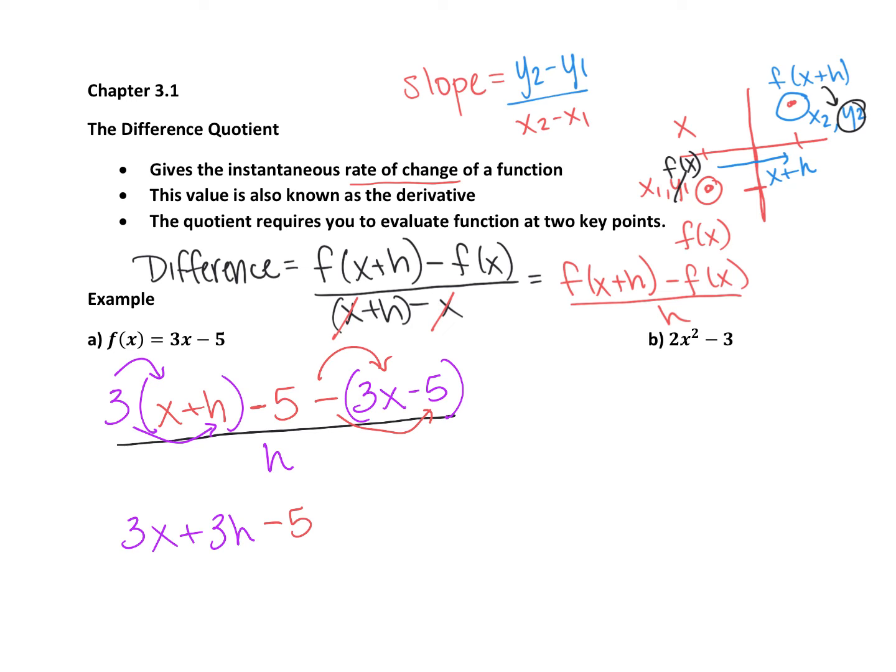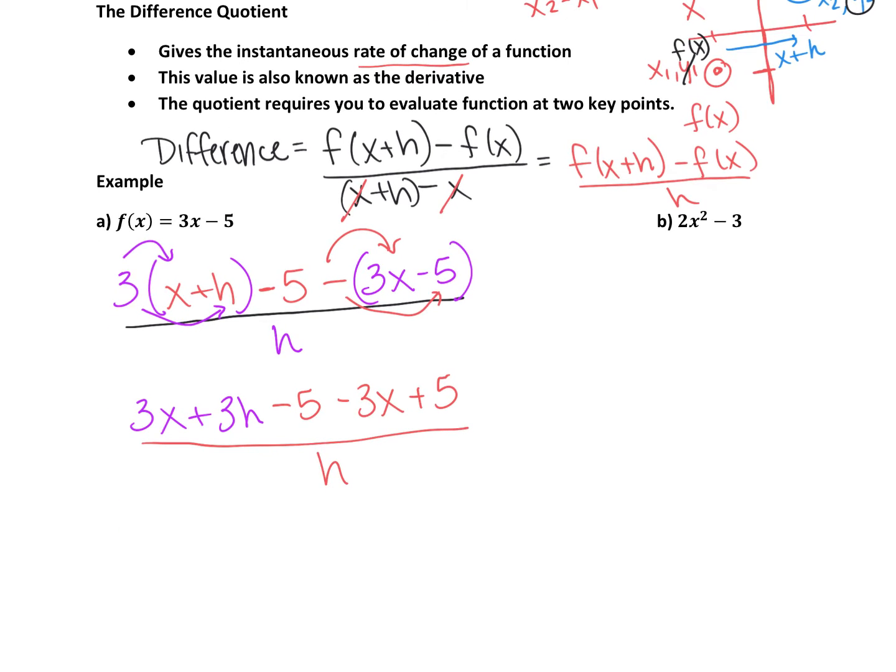And from there, we get the minus 3x plus 5, all of that divided by h. So here, because of the way our signs work, notice the 3x's cancel. Negative 5 and positive 5 cancel. And you're left with just a 3h over h.